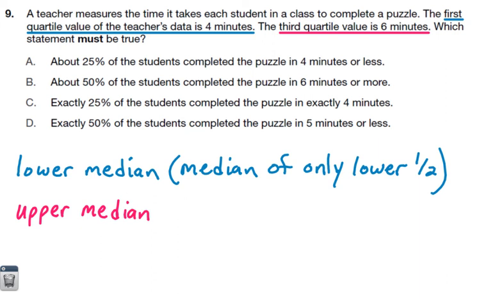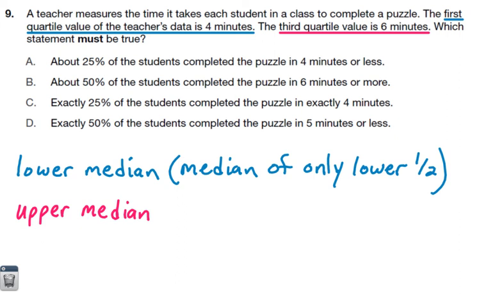Now, what percent is half? You guessed it, 50%. So now if you take a lower median, aren't you cutting that half in half again, and therefore making little groups of 25%?